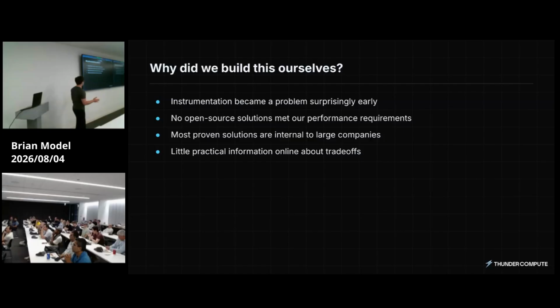We needed to build this full thing pretty early in the process in order to understand what was happening. Unfortunately, there were no good open source solutions that met the performance requirements we needed, and we'll get into that. A lot of typical advice is on the order of don't log that much and disable logging of some kind, which isn't something we're able to do.